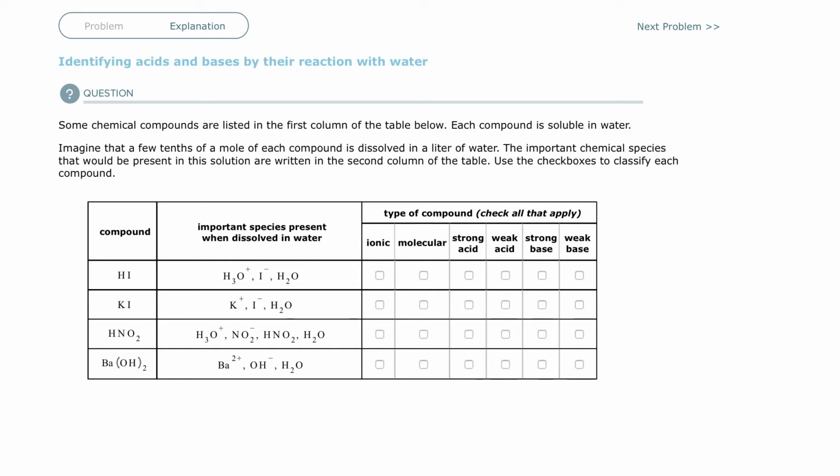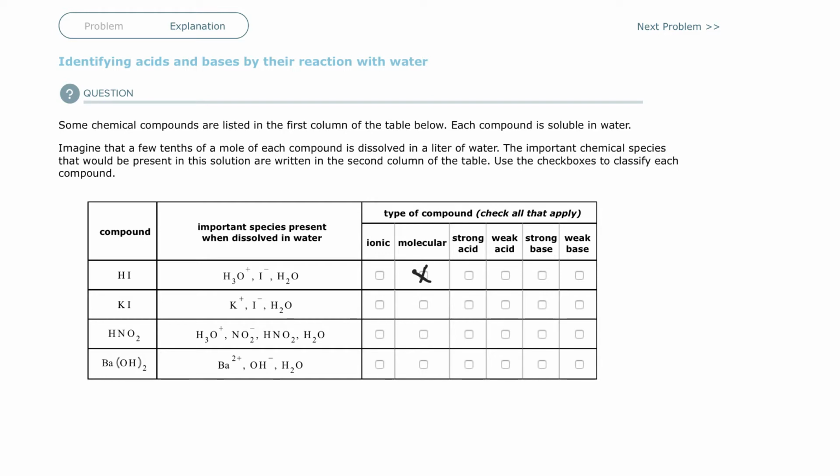We've got hydrogen and iodine. Hydrogen is a nonmetal, iodine is a nonmetal, so this has to be molecular, right? How about potassium and iodine? Potassium is a metal, it's in group 1.